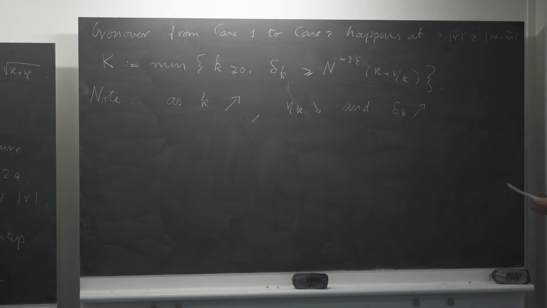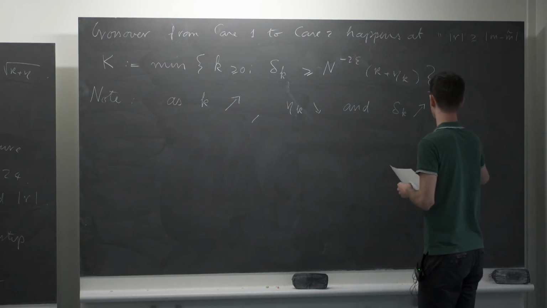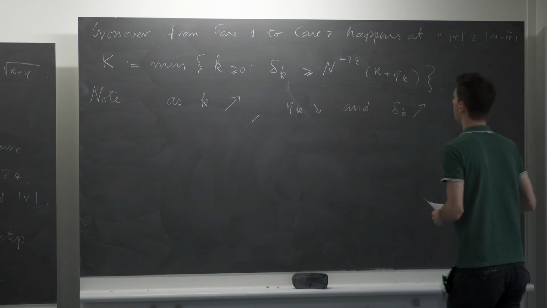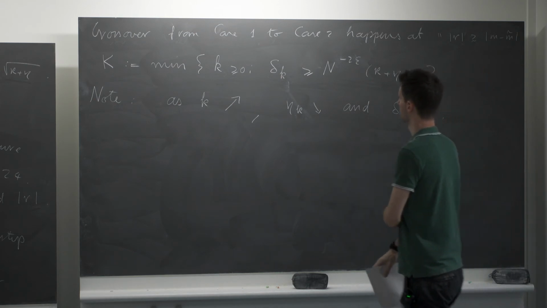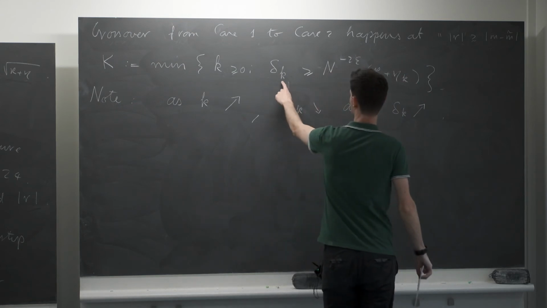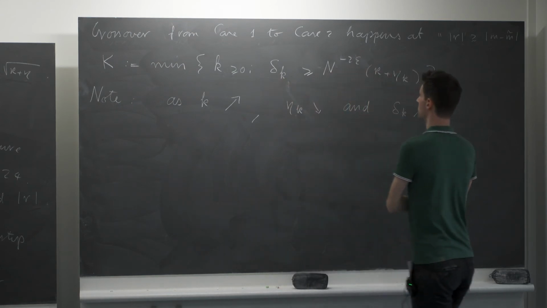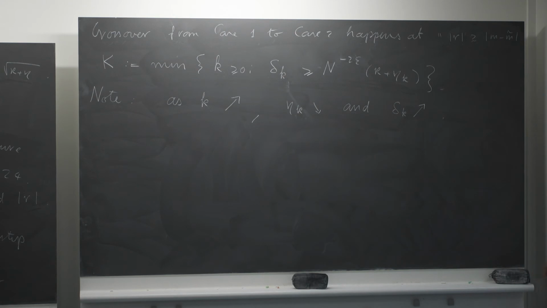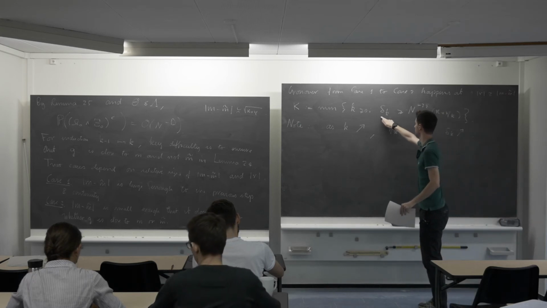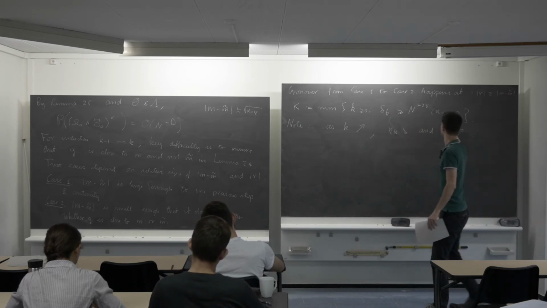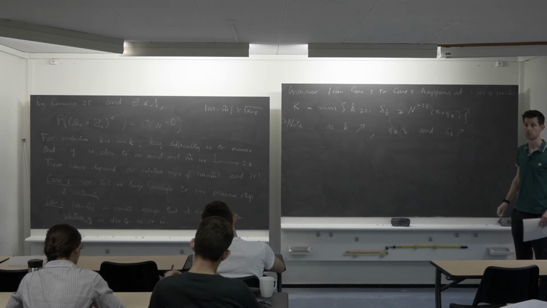So as k increases, delta k increases. There's a monotonicity in this condition. If this condition is satisfied for some k, then it's also going to be satisfied for all larger k, because the left-hand side only becomes larger, and the right-hand side only becomes smaller.